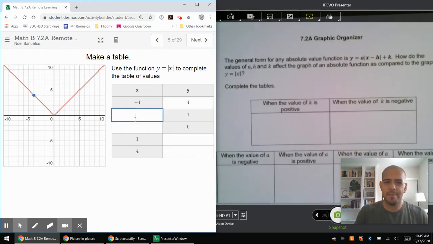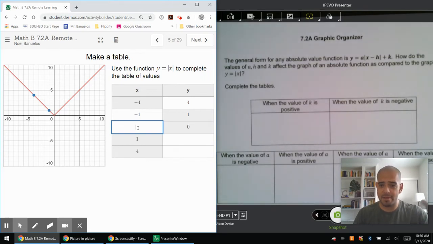Now let's follow the same pattern. If I take the absolute value of a number, I get 1. So it could be either 1 or -1, but to maintain the pattern, we'll put -1 there because the absolute value of -1 is 1. If you notice, it's starting to populate on our graph.